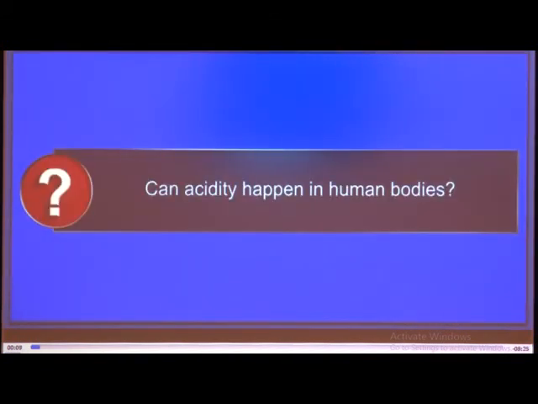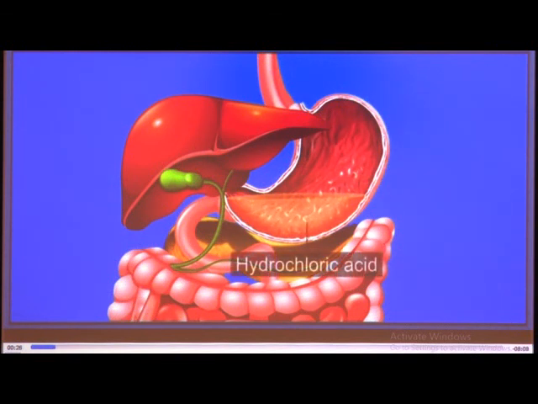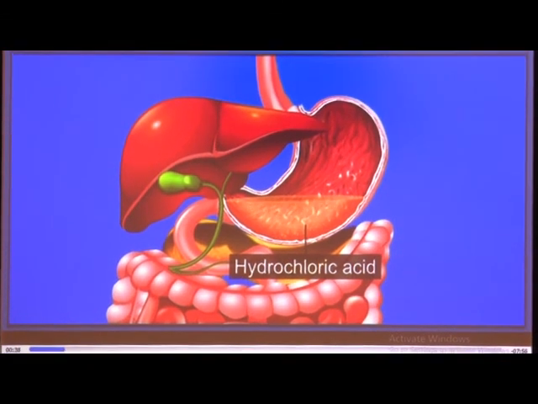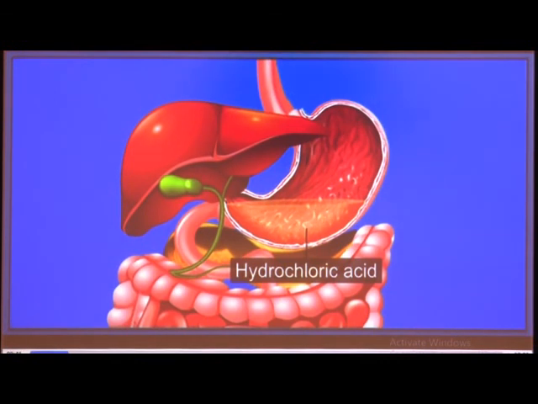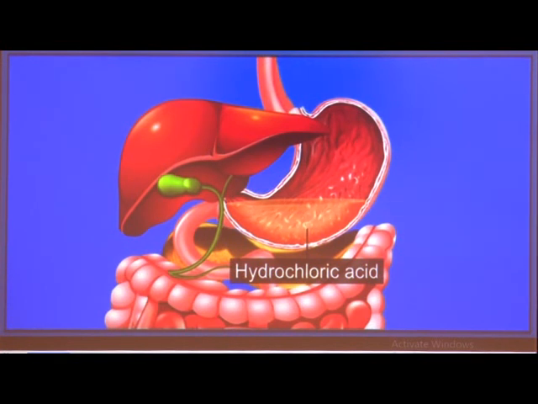Did you know? Can acidity happen in human bodies? When we eat very spicy food, the stomach produces a large amount of hydrochloric acid, which leads to acidity in the stomach. This condition is called indigestion. It is painful, can damage the wall of the stomach and can cause stomach ulcers if not controlled.